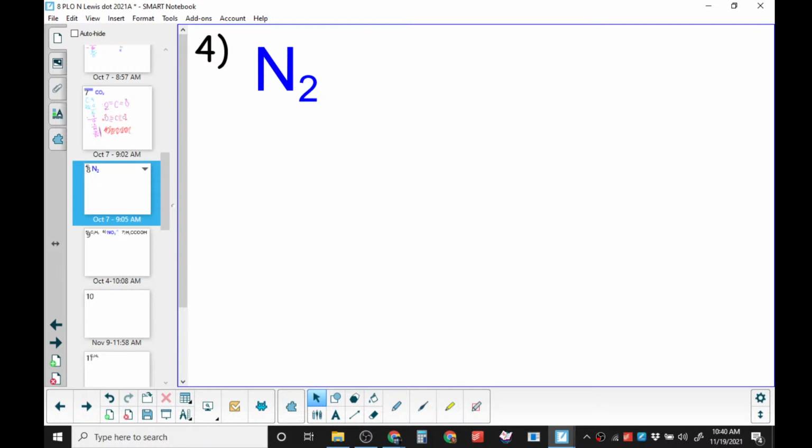That one, excellent. Lewis diagram, leftover from last day. It's that one. It should be N2. You just have N.